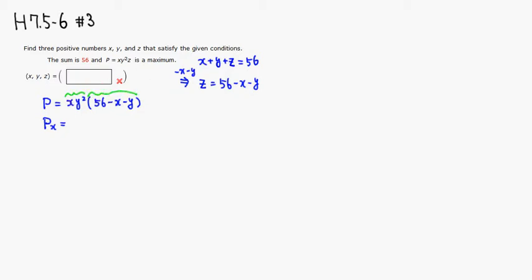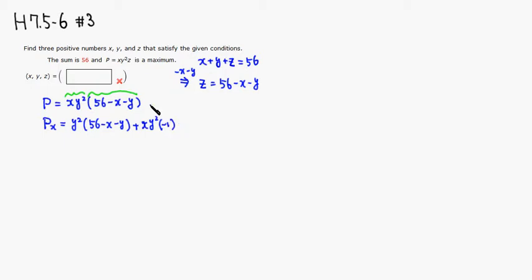Take the partial of the first with respect to x, we get y squared, times the second, 56 minus x minus y, plus the first, xy squared, times the partial of the second with respect to x, which is negative 1.